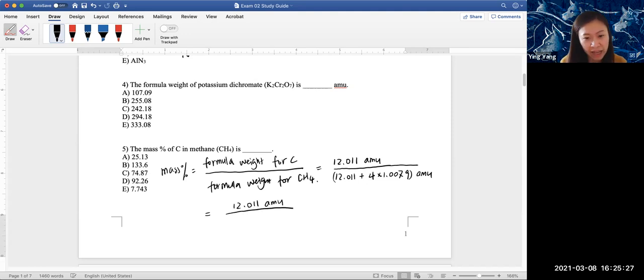These added together, you find the formula weight is 16.043 atomic mass units for methane. And you times it by 100%. Okay, here, times it by 100%, and then you can find the answer.